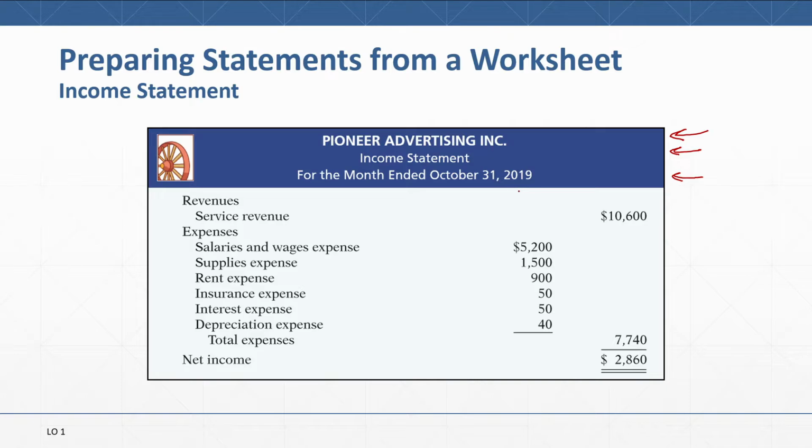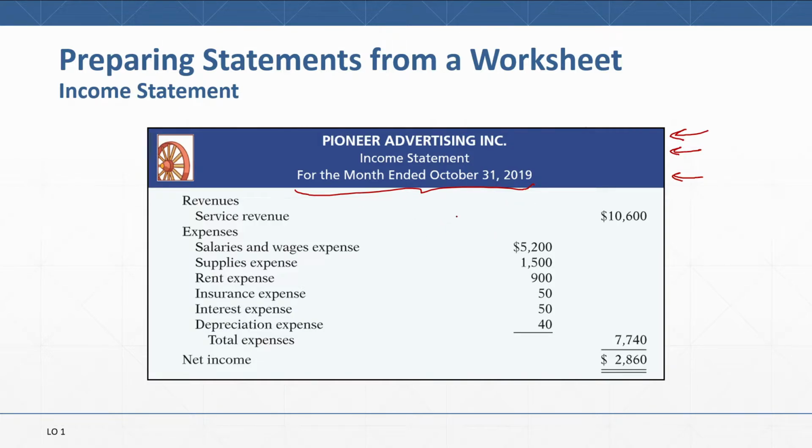Income statement always reports a period of time, not one specific date, but a period. So in this case, it is reporting the information related to the month, one month ended October 31st, 2019.